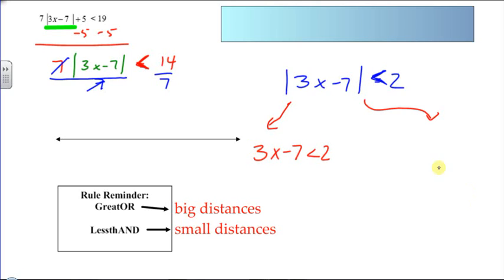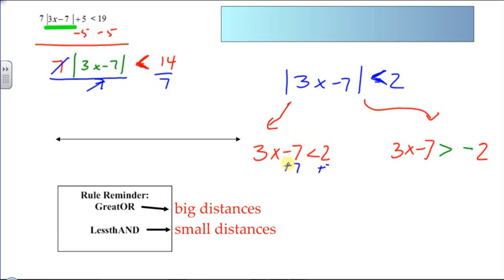When we get to the second one, we're going to write the 3x minus 7, but we're going to do 2 things. Instead of just negating the right-hand side, we're going to flip and negate. And that's the difference. When you're doing an inequality and you get to that second split, you will flip and negate. Other than that, we're going to continue with this, and we'll have a simple algebraic solution.